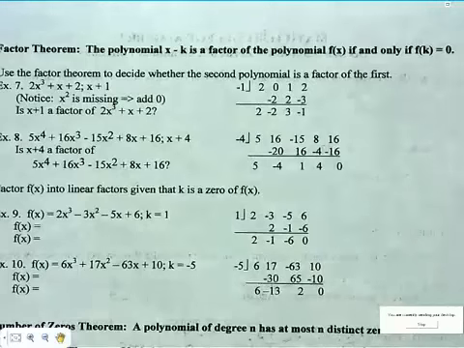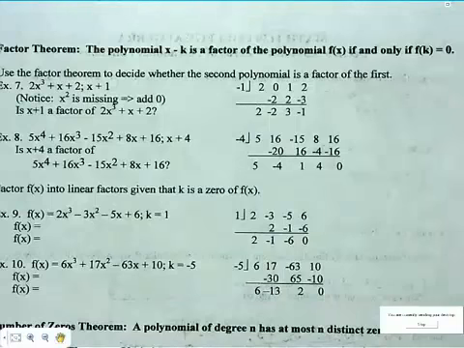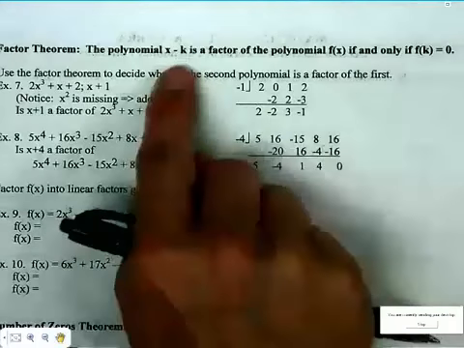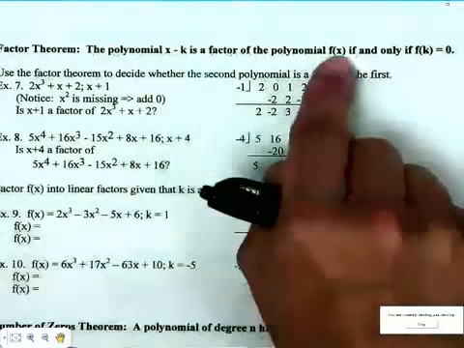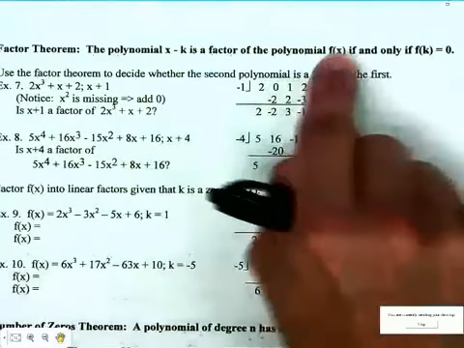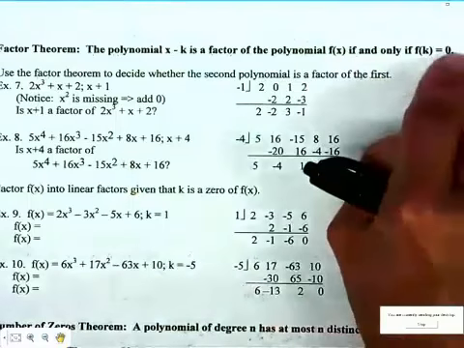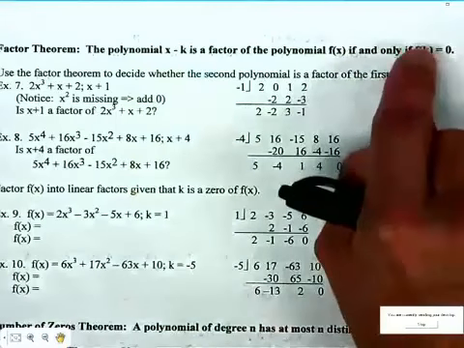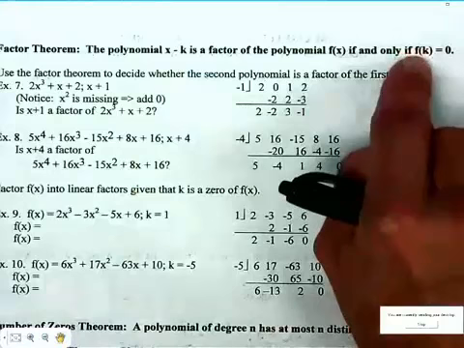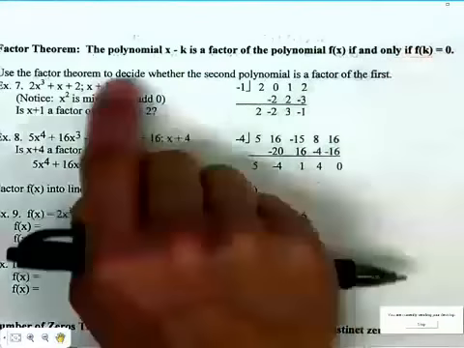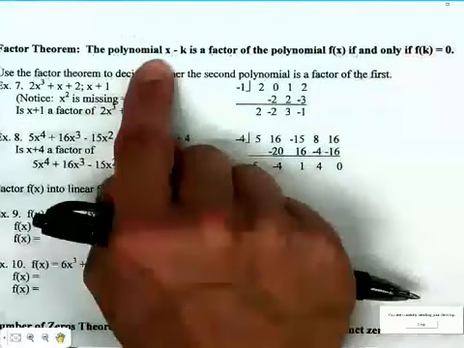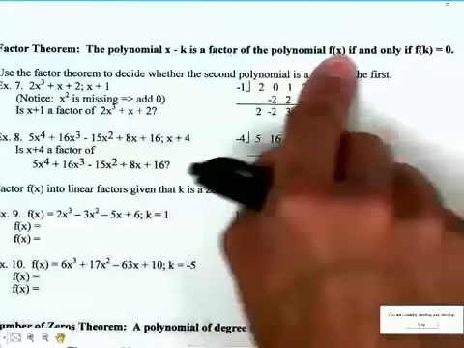The first divides evenly into the second. You could word that either way, but that's what the factor theorem is saying. If you divide x minus k into some big polynomial f of x, and you get f of k equals 0, that means the remainder equals 0. If the remainder equals 0, then x minus k is a factor of f of x.